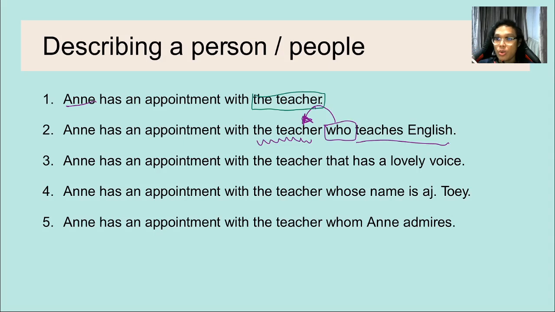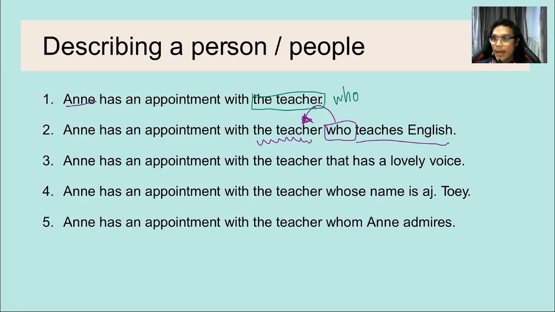And what do we use with a person? We use who. So we want to describe the teacher, and we use who after the word teacher. You can use a verb or an action to describe the person, or you can use a verb to be and an adjective to describe this person as well. For example, if we do something very basic, when we want to talk about a teacher, right?